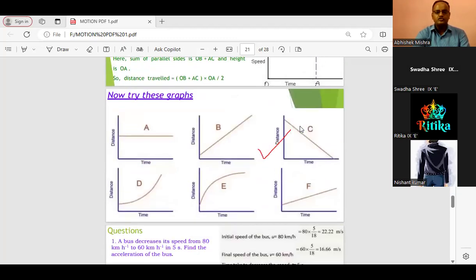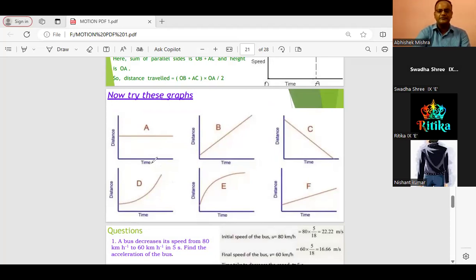Now, all the students, there is an assignment for you all. All of you, in your sheets, draw these graphs. You draw these graphs and come to a conclusion about what this indicates.